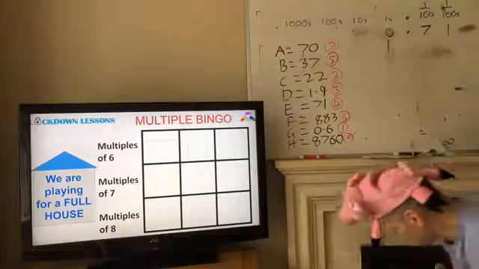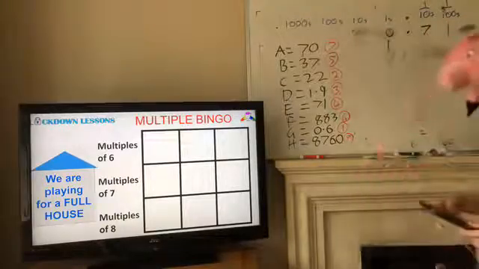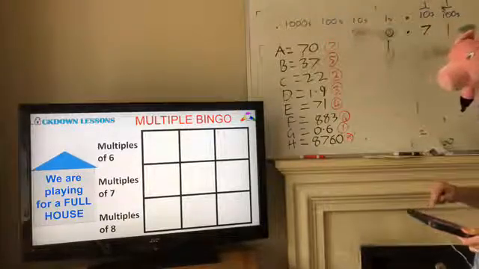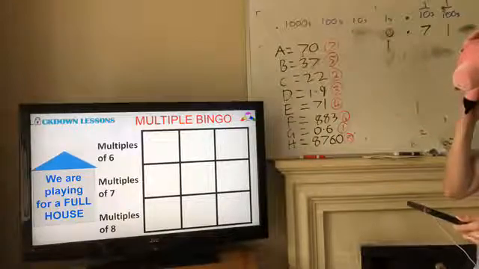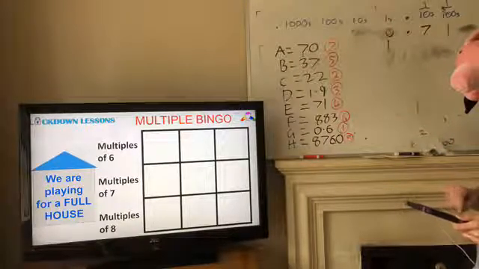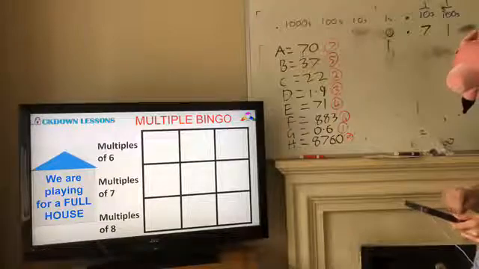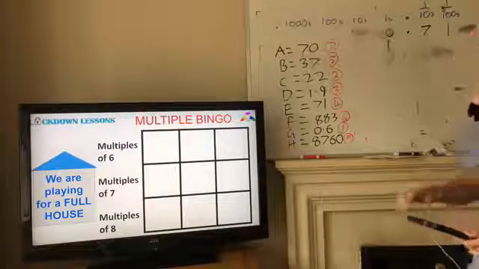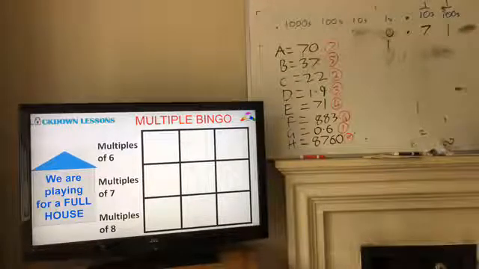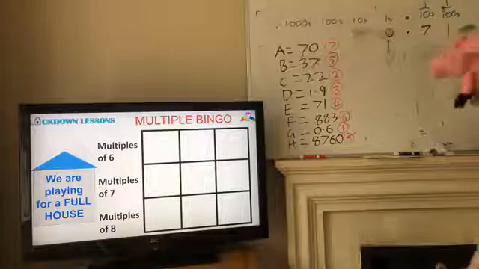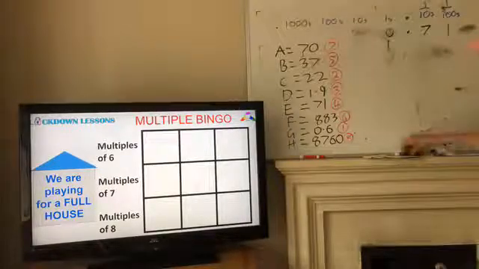Okay, so we're picking our numbers, so we're looking at times tables this time. Daddy, can you help me draw my grid? No, try yourself. Pen. Daddy, pen. I'm doing it. I don't know where your pen is. Oh, you want a whiteboard one, okay.